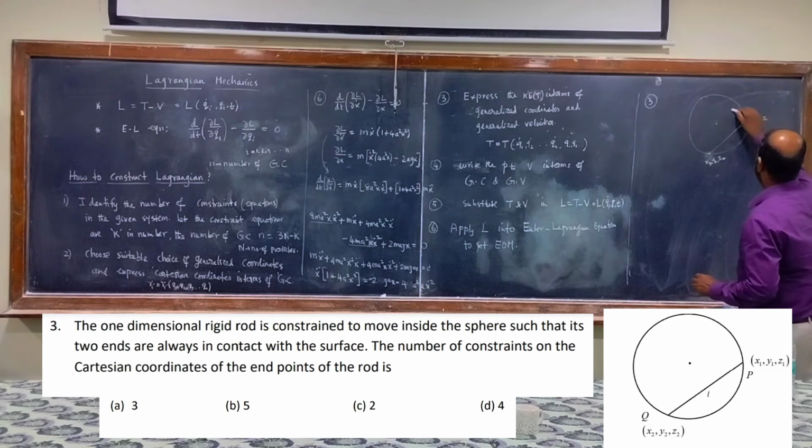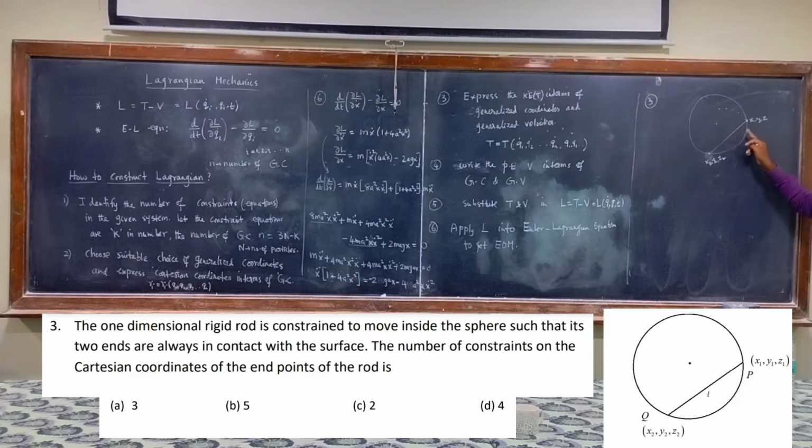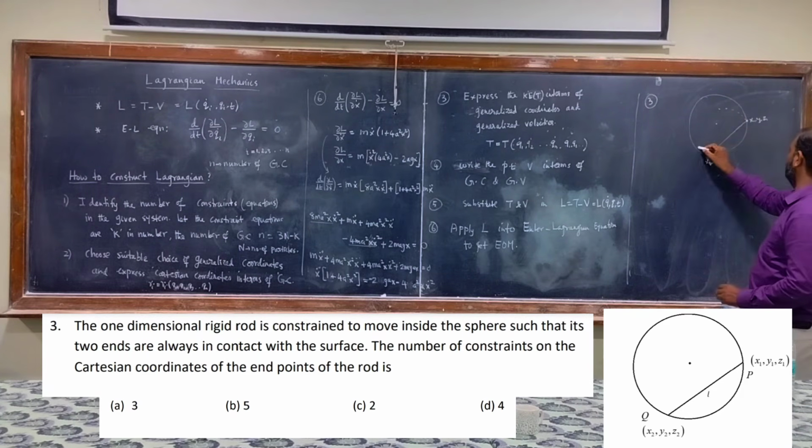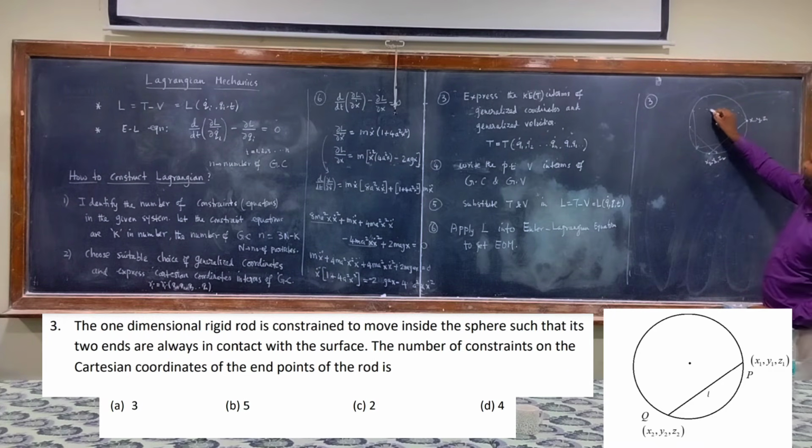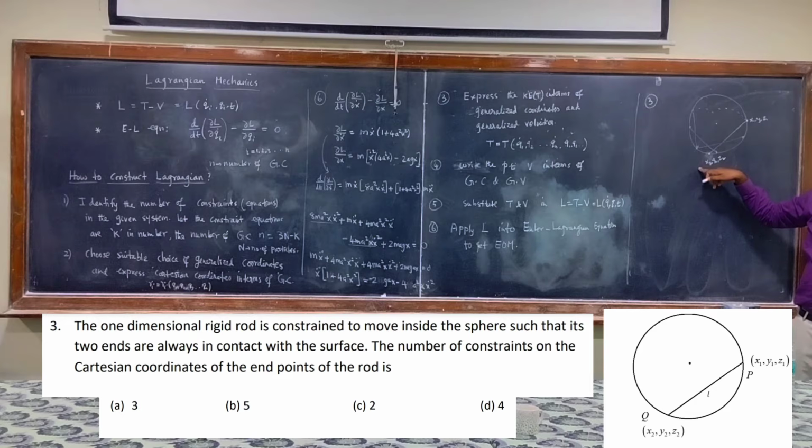It cannot move like this. It can go like this, or like this, but it cannot go like this, right? Because once it comes out, what is the constraint? It has to touch the surface. Both end points have to touch the surface, right? அதுக்கப்புறம் வேற என்ன? So அது ஒரு constraint தானே, right?